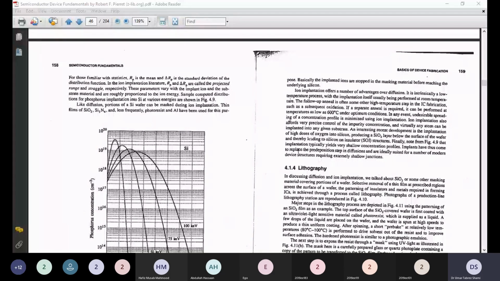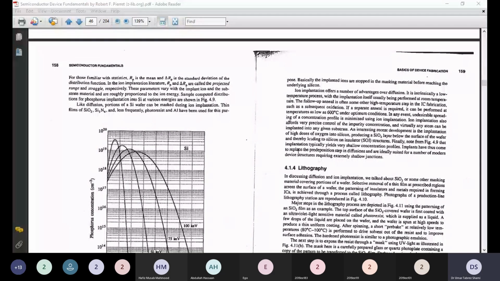The follow-up anneal is often some other high temperature step in the IC fabrication, such as subsequent oxidation. If a separate anneal is required, it can be performed at temperatures as low as 600 degrees C under optimum conditions. In any event, undesirable spreading of the concentration profile is minimized using ion implantation.